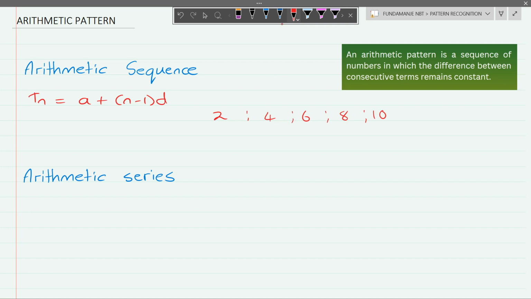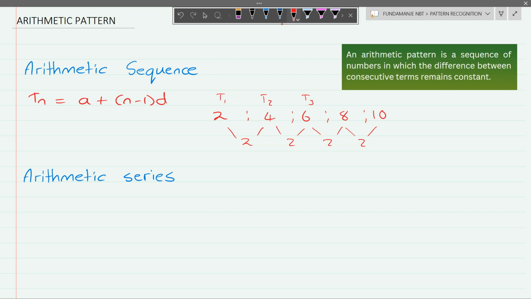Now if we were to calculate the difference between term number 2 and term number 1, or term number 3 and term number 2, or term number 4 and term number 3, and so forth, we would find that there is a constant difference between our terms, and that is what characterizes an arithmetic sequence. It is a group of numbers that are related by their common difference between their consecutive terms. So an arithmetic pattern is a sequence of numbers in which the difference between consecutive terms remains constant.